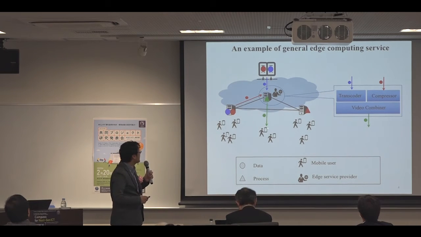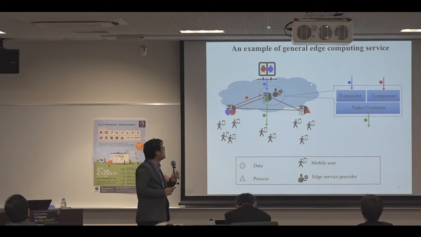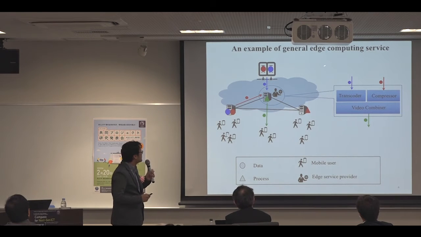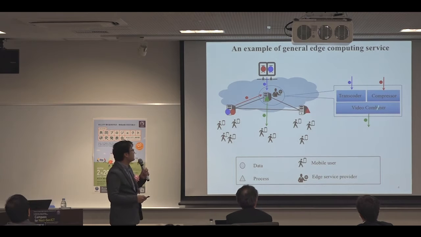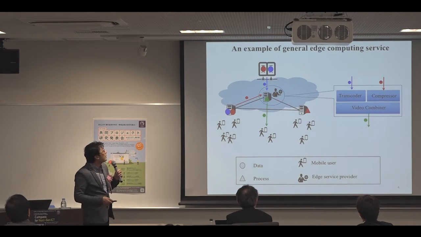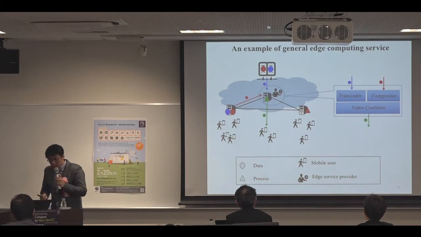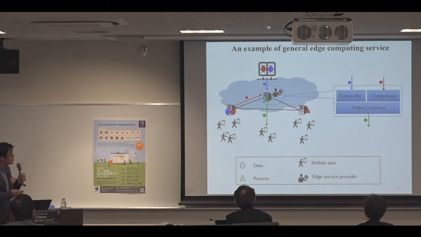For example, this user may want a transcoded blue content and a compressed red content, and finally combined contents in this pattern. So the general edge computing service will provide a lot of flexibility to users.